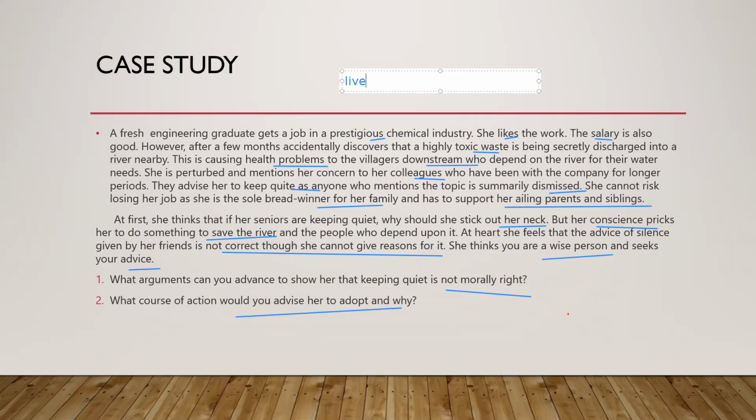One is livelihood. Second is environment. Third is moral dilemma. Fourth is, any more issues?